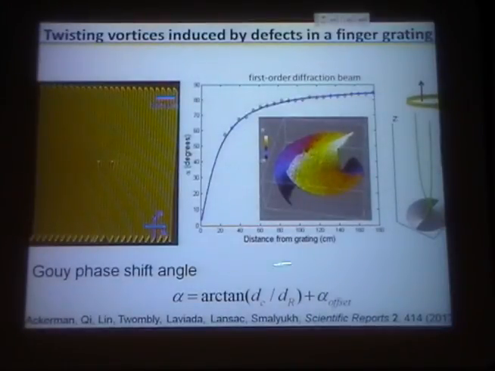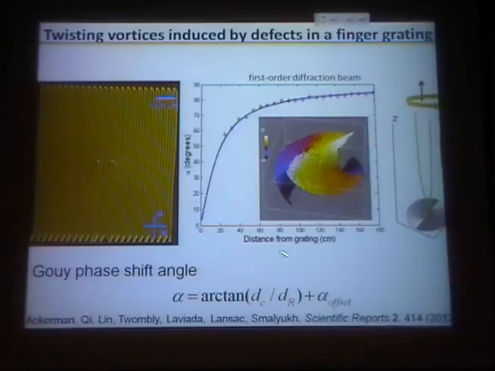So now I will just quickly show you a couple other examples that we can have. Other types of defects can be generated, and this kind of pair of defects, for example, can be used to generate twisting vortices induced by those defects in the grating.